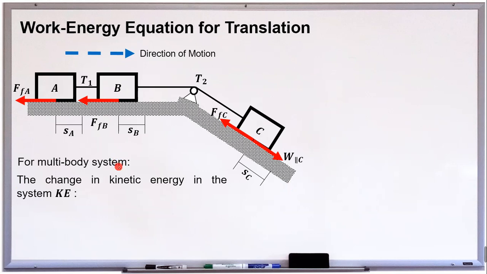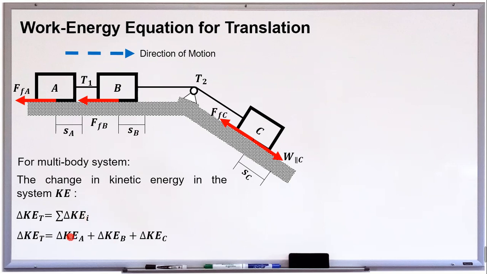Next, aside from the work, we'll also consider the change in the kinetic energy for a multi-body system. So the total change in the kinetic energy of a multi-body system is equal to the summation of the change in the kinetic energy for each object that is present in a given multi-body system.